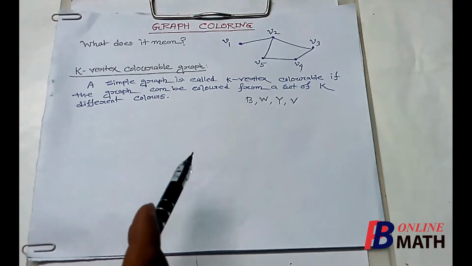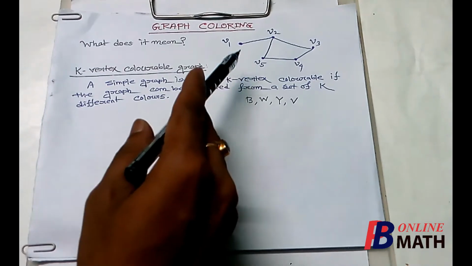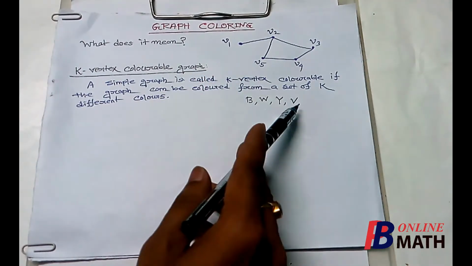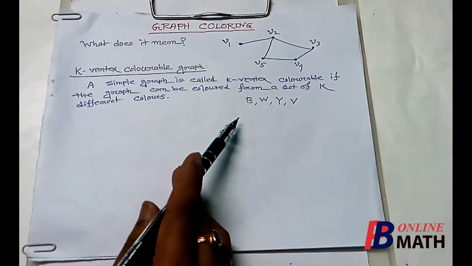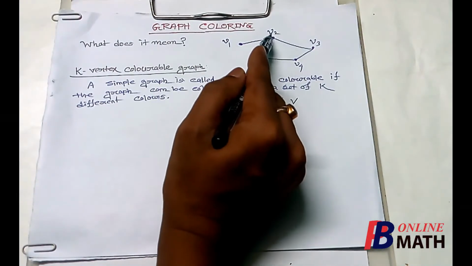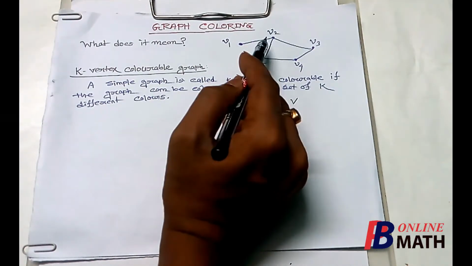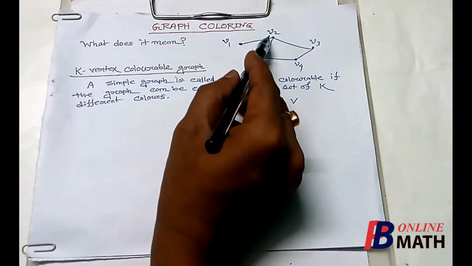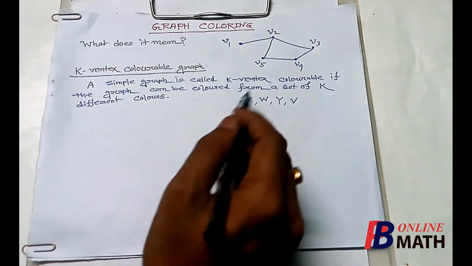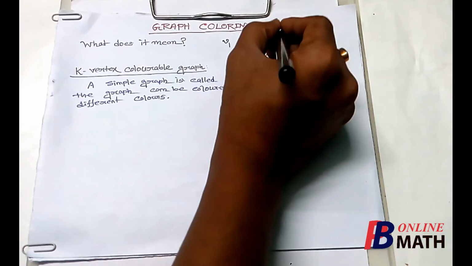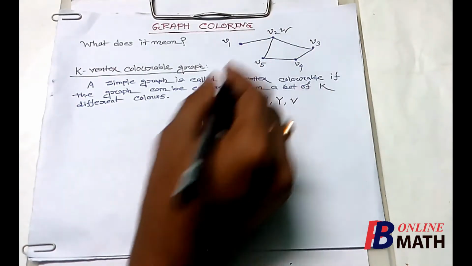Now let us check whether this graph can be colored by this set of 4 different colors. Let us start here. Suppose we first consider this vertex V2 and we can color it arbitrarily, so suppose we color V2 by white color.